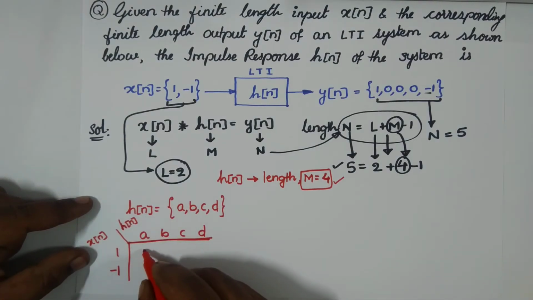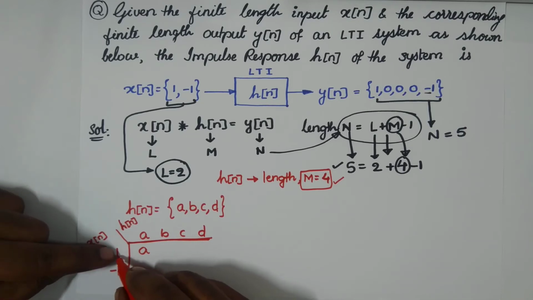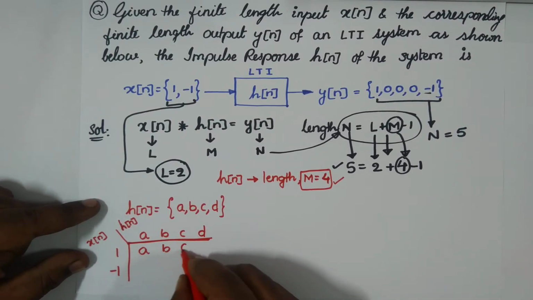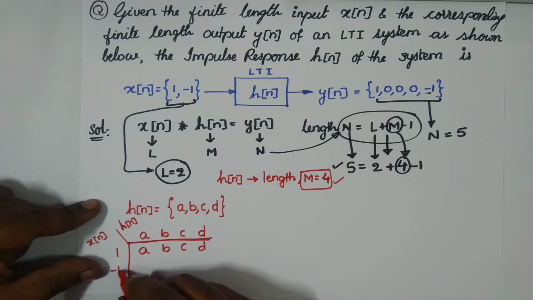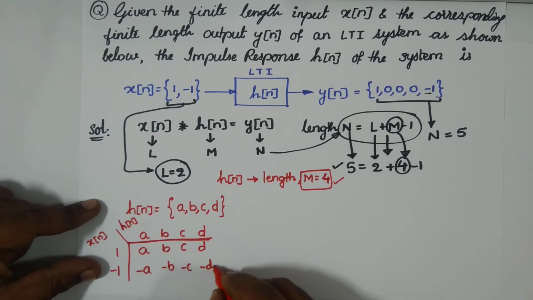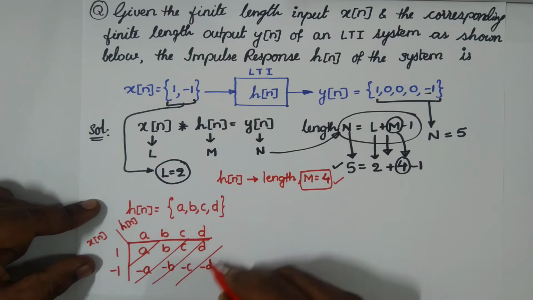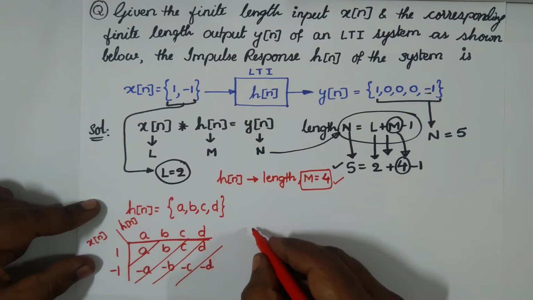Now 1 multiplied by a, so this 1 you multiply with all these elements: a, b, c, d. Similarly minus 1 multiplied by a and so on, b, c, d, so you get minus a, minus b, minus c, minus d. Now arrange them in bins.